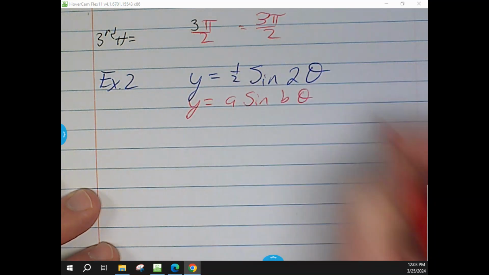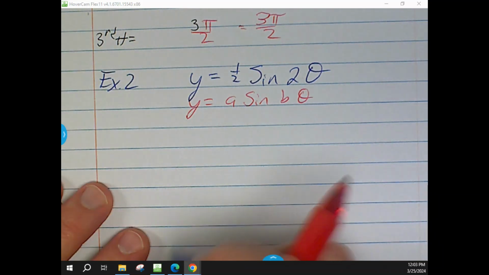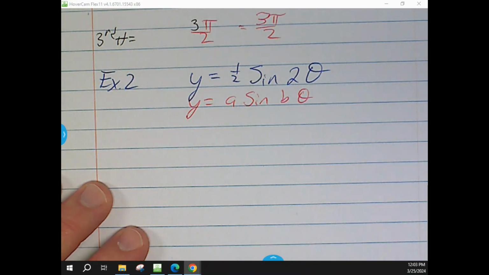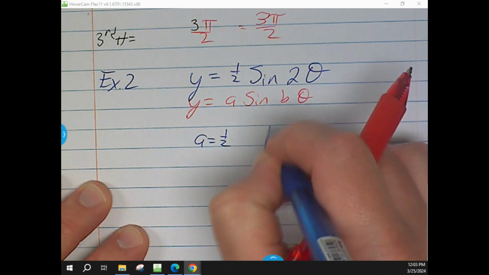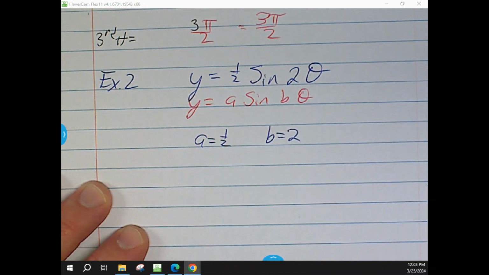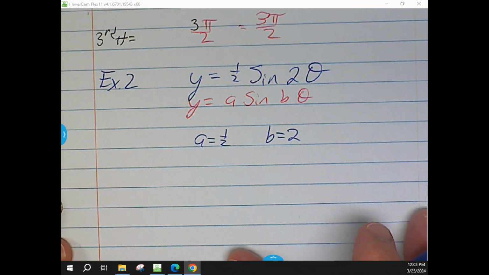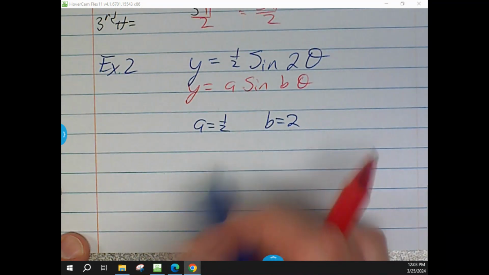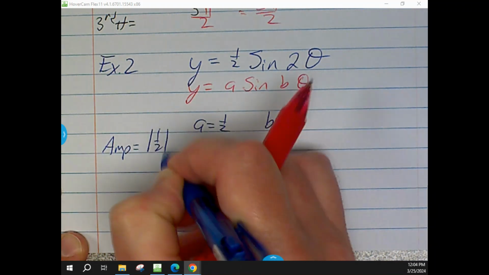In this case, we're using theta, so we're going to go b theta. Okay, so the a is 1/2 and the b is 2. Okay, and again, amplitude, really easy from that one. It's just the absolute value of 1/2, which is still just 1/2.